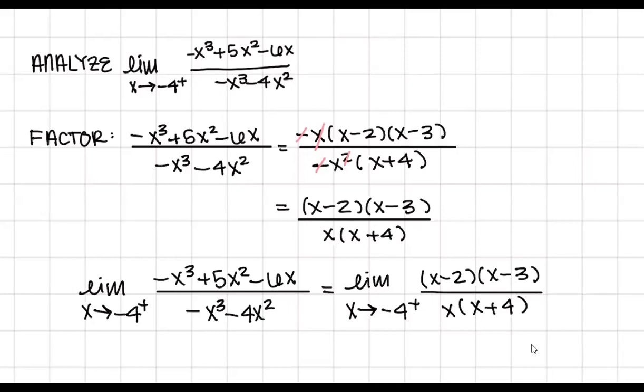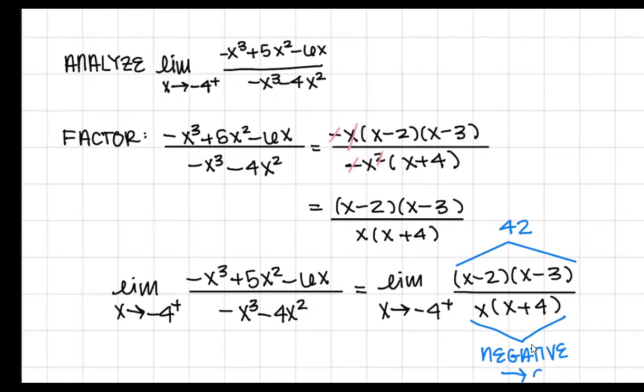When we plug in negative 4, our numerator goes to the value 42, while our denominator is negative and goes to the value 0.